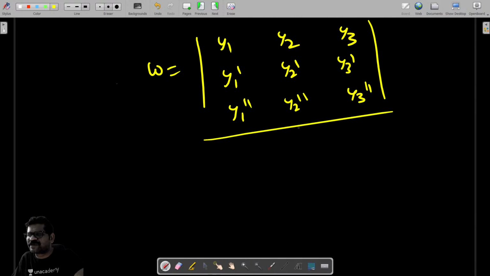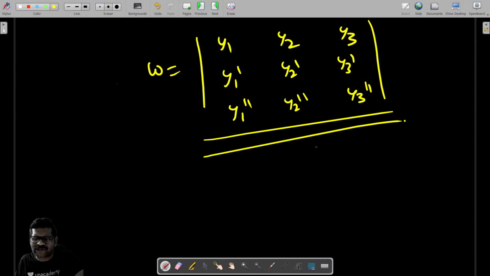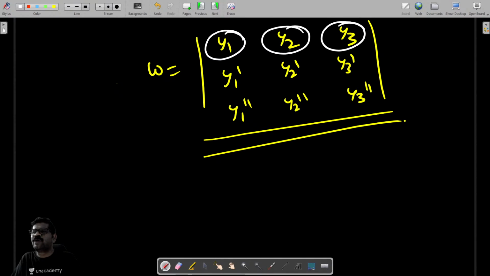You have to expand the determinant, because in 2 cross 2 it is possible to calculate by the AD minus BC technique, but in 3 cross 3 compulsorily you have to expand the determinant. Understood? So y1, y2, y3 are nothing but independent solutions. What are y1, y2, y3? Coefficients of C1, C2, C3 in the solution of the given differential equation.